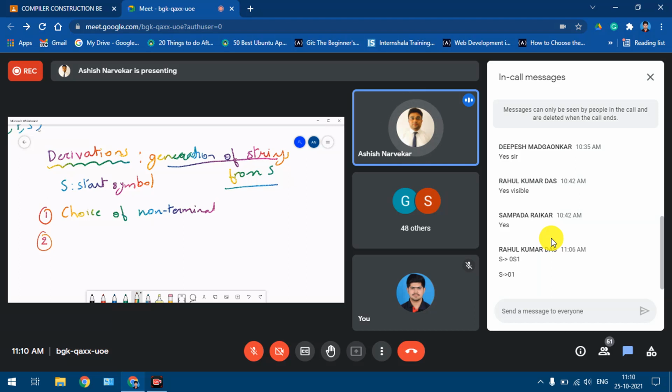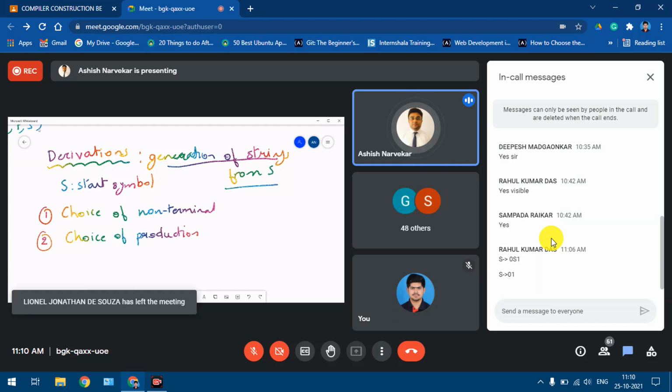Now, whenever we want to construct derivations, this is the first point that we need to consider, that is the choice of non-terminal. I'll come to this with an example. And the second one is the choice of production rule. And why I'm saying choice of production rule is because there can be multiple production rules.